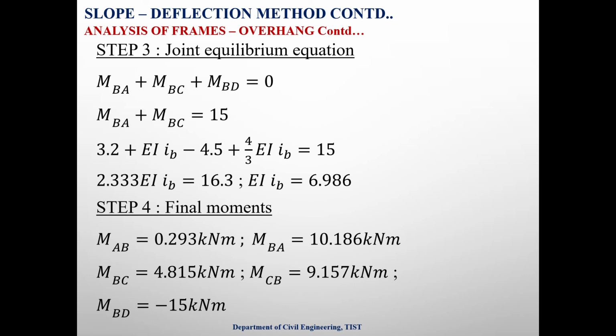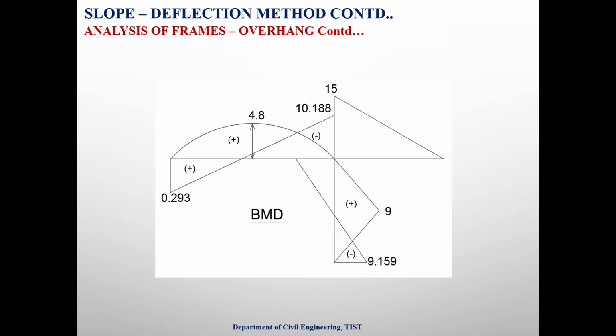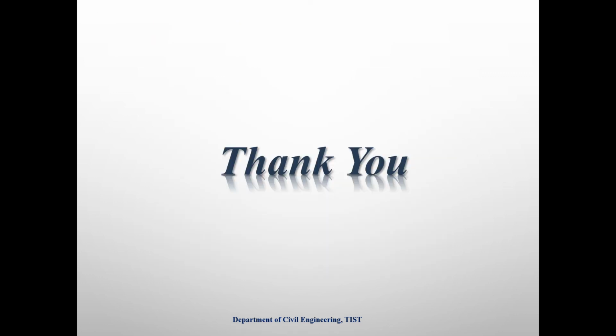Substitute these equations, then we can find the unknown EIθB. After getting EIθB, substitute this value in step number 2, that means in the slope deflection equations, then we will get the final moments. After getting the final moments, we can draw the bending moment diagram. Thank you.